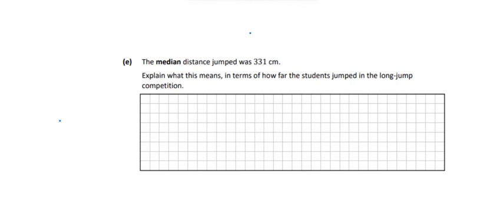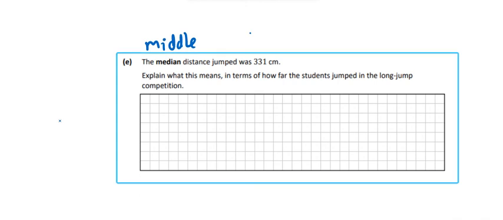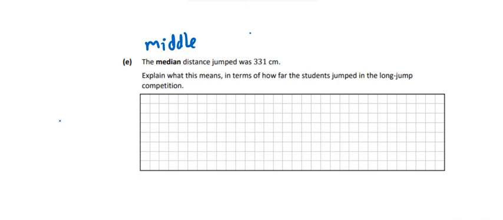So median means middle. So therefore, half of the students would have jumped less than the median, and then the other half of the students would have jumped more. So you can say something along those lines.